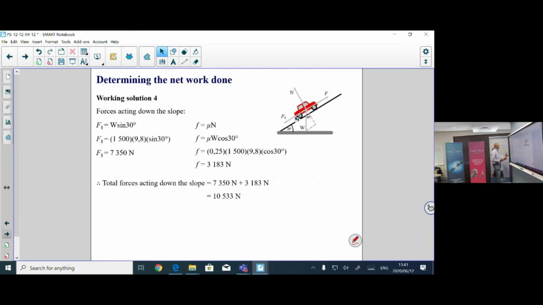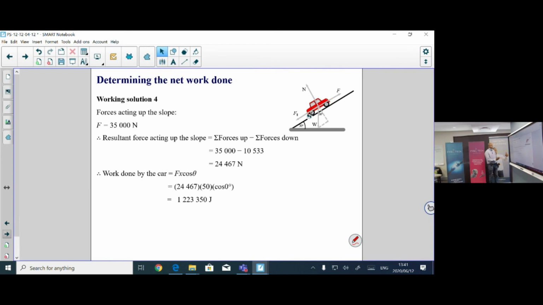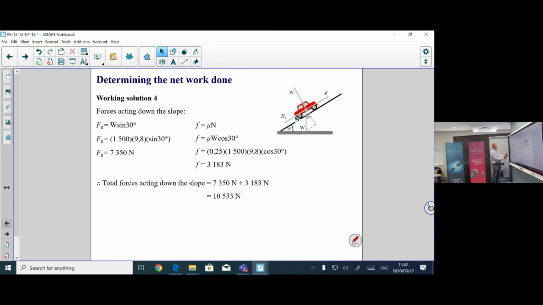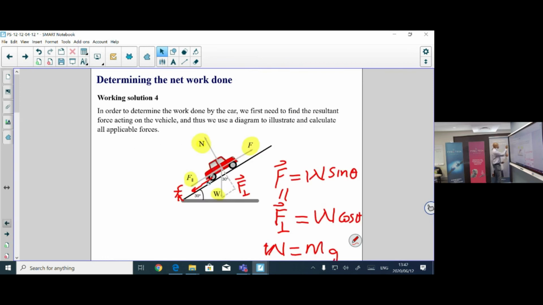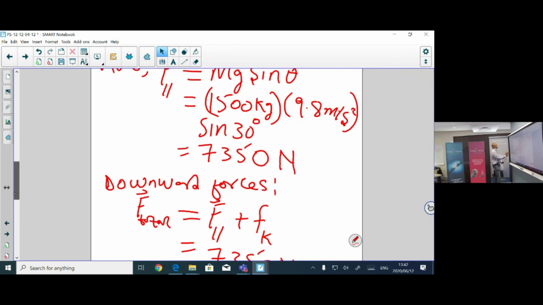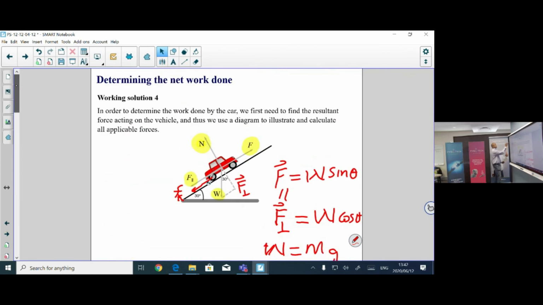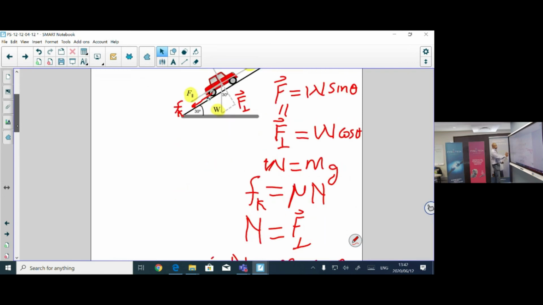Okay. Let us move fast. This is how it is done. 50, that is cos 0, let me check. The angle there.